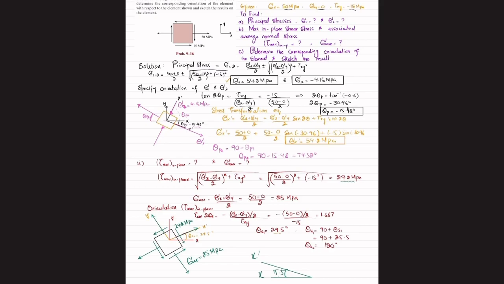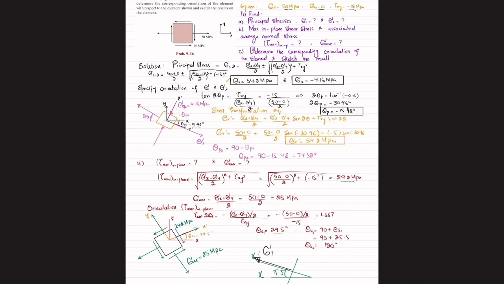Clear? And here you draw the element, the face of the element. Clear? And this is the other face. Clear? So over this face we have sigma 1. Sigma 1 is 54.2, so I will represent 54.2 over this face. It will be a positive value, so it will be like this. Clear? And over this face we have sigma 2.